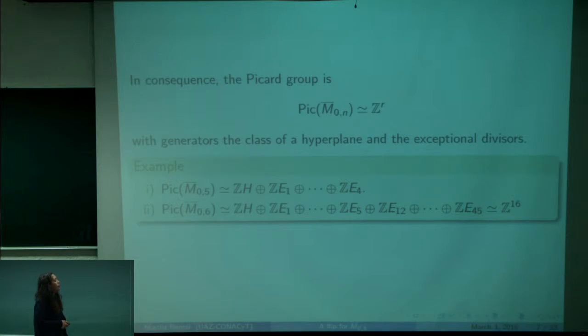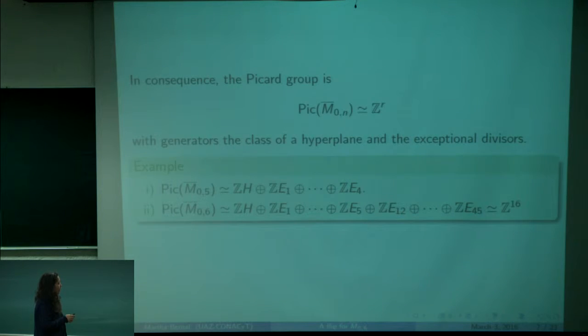It's just a free abelian group, isomorphic to Z^r, where the generators are the hyperplane class and then the exceptional divisors arising from the blow-up. So for M0,5 bar, the Picard group is isomorphic to Z^5, and for M0,6 bar, the Picard group is isomorphic to Z^16. The 5 exceptional divisors arising from blowing up the points, and then the 10 from blowing up the lines.